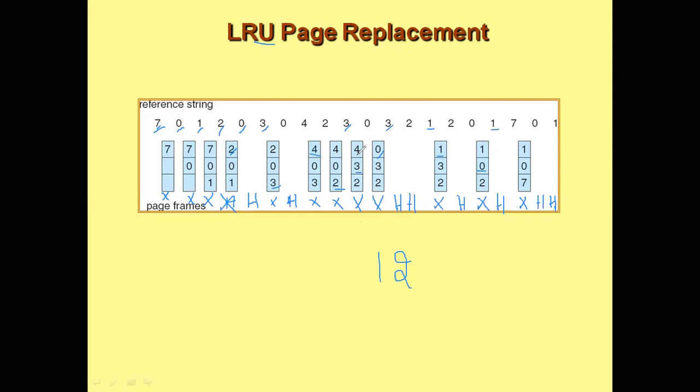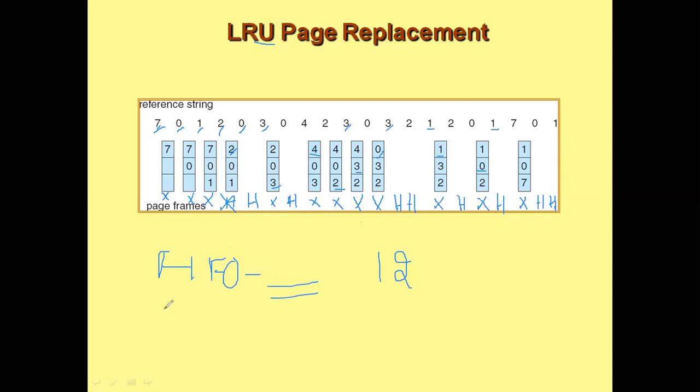Among the three, you will find that optimal is the best one, then LRU, and then FIFO. It is very simple. You will be given a reference string. In FIFO, we replace the page that has come first, and we do not consider the page hits.